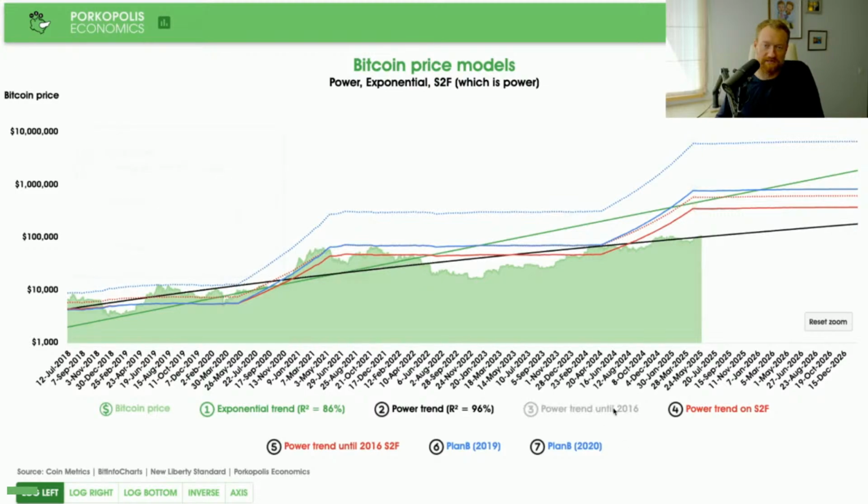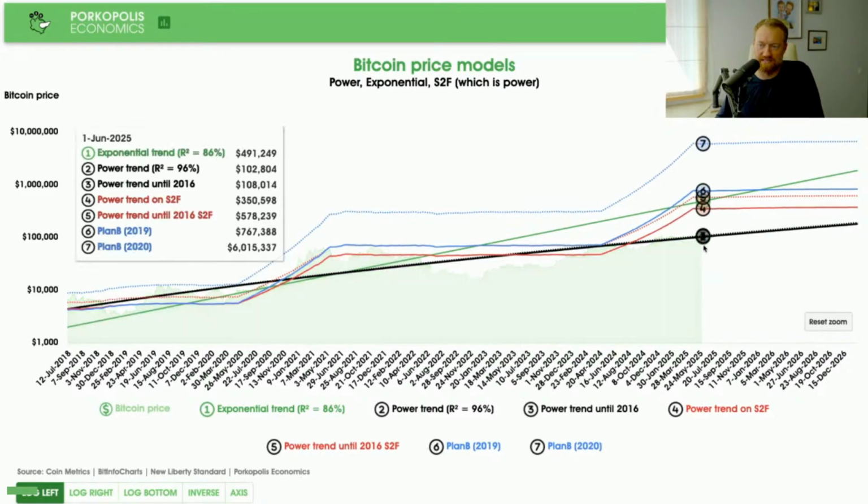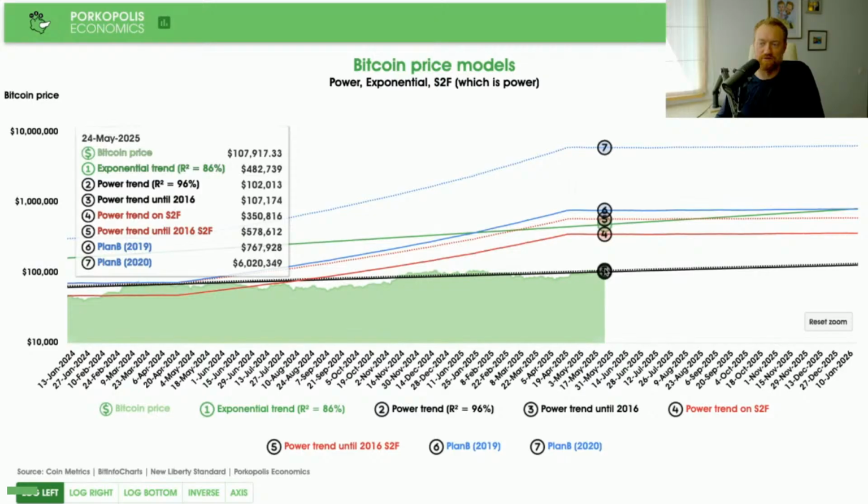And most importantly, Bitcoin's 2016 indicator, which is analogous to this one with stock to flow, which is way up there. Bitcoin's 2016 indicator nearly overlaps with the all-time data.